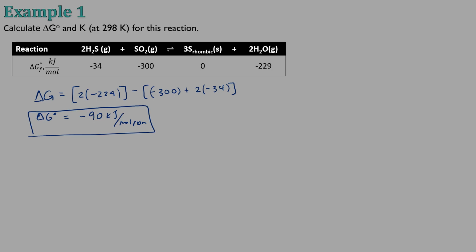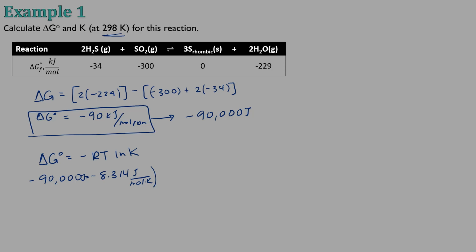And then for K, the delta G naught is equal to negative RT natural log K. So I'm going to plug this in here, but remember I have to put this into joules, and so that's negative 90,000 joules. My R is 8.314 joules per mole Kelvin, and 298 Kelvin is my temperature. And then the natural log of K is what I'm looking for.